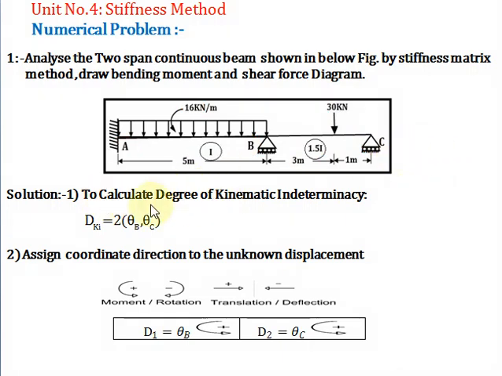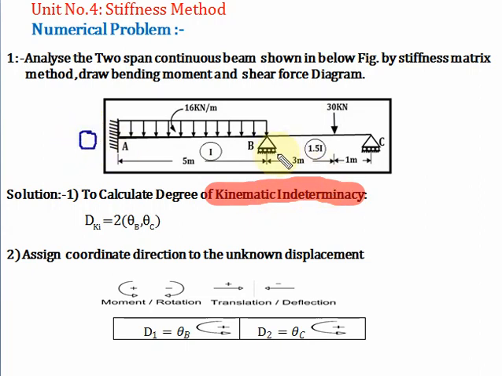The first step in the stiffness matrix method is to calculate the degree of kinematic indeterminacy. Now the degree of kinematic indeterminacy depends upon the support. Here at support A there is a fixed support, so the degree of kinematic indeterminacy will be 0.